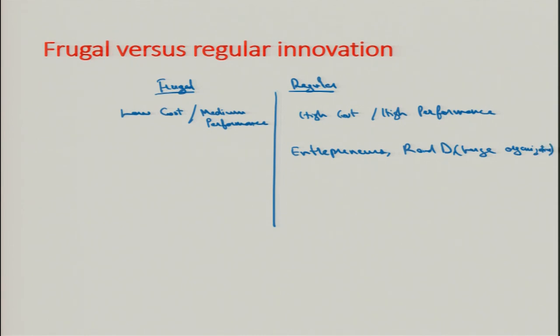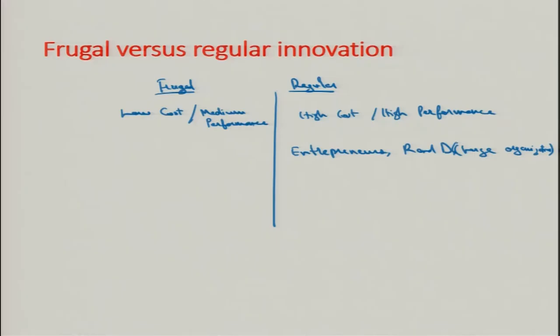Those who can afford certain failures, because if we are thinking of innovation, sometimes there are experiments we need to conduct and we fail multiple times, and in the end we might get something that is usable. So in that case, large organizations or entrepreneurs who are risk takers, and these entrepreneurs are here as well.